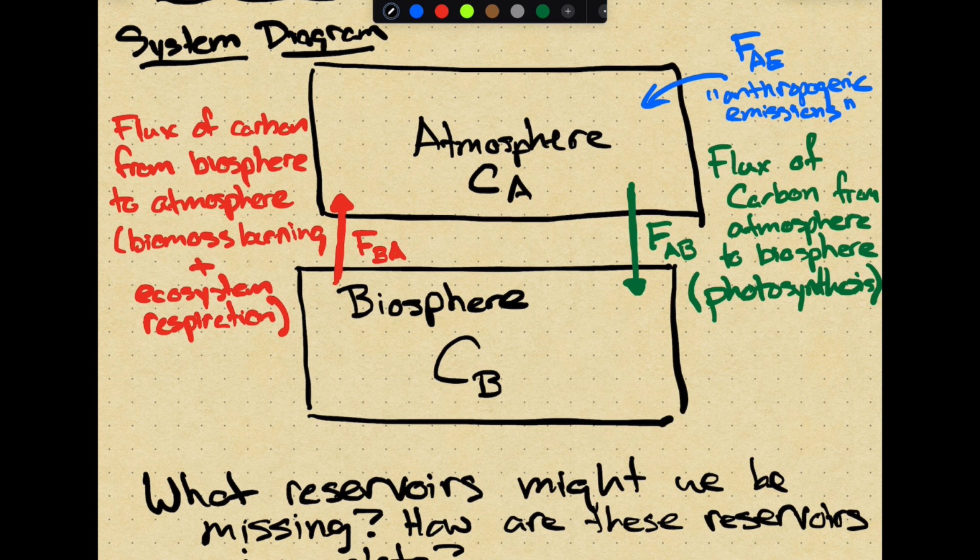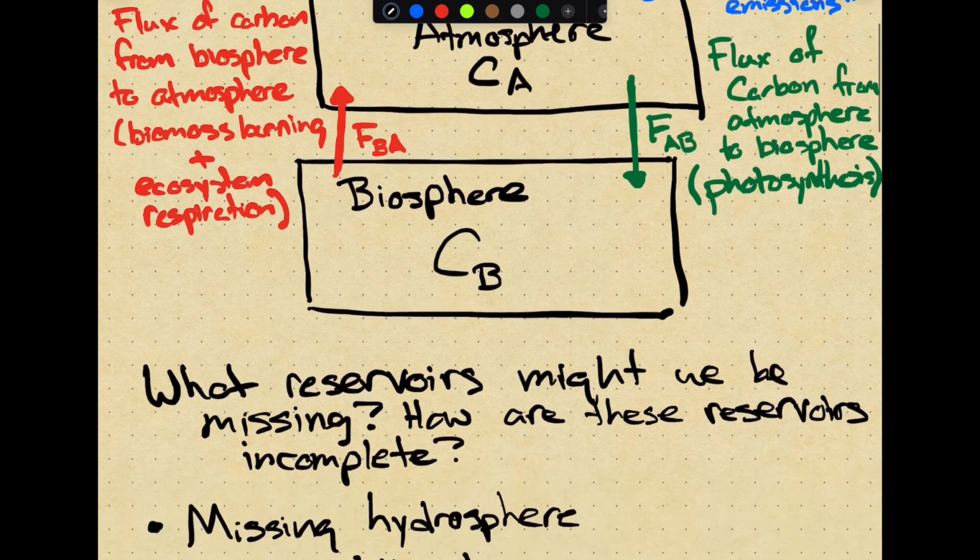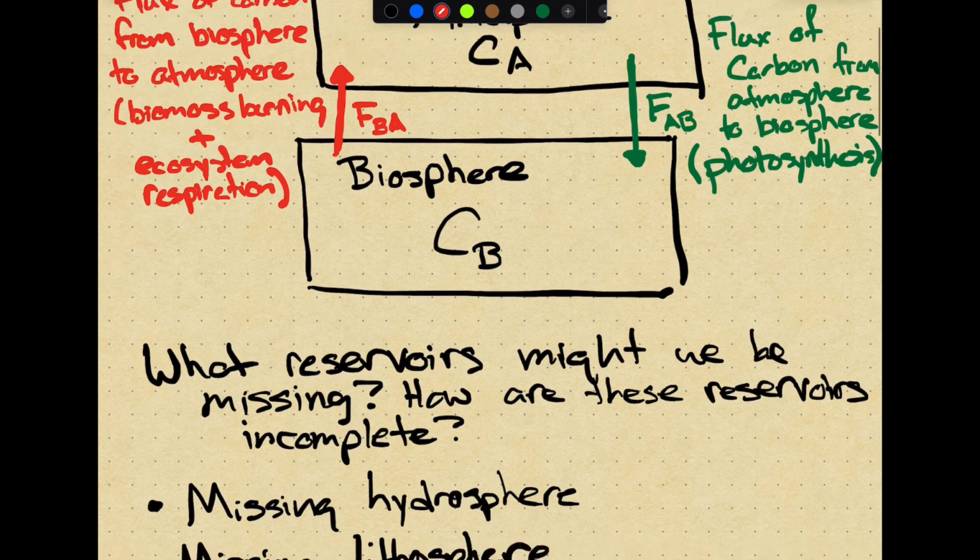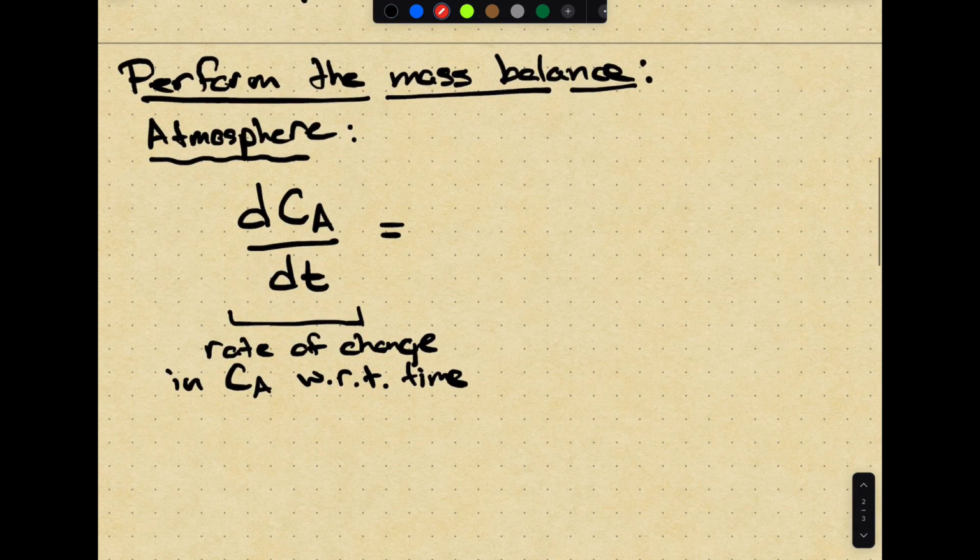Which of these terms tends to increase the amount of carbon in the atmosphere? F_BA, that's right. And that's in red, so that's the flux of carbon.